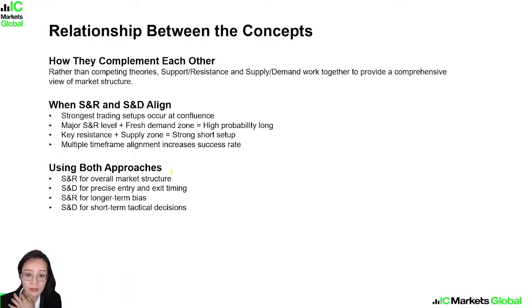Another one, here is the relationship, how they complement each other. Rather than competing theories, support and resistance and demand and supply work together to provide a comprehensive view of market structure.